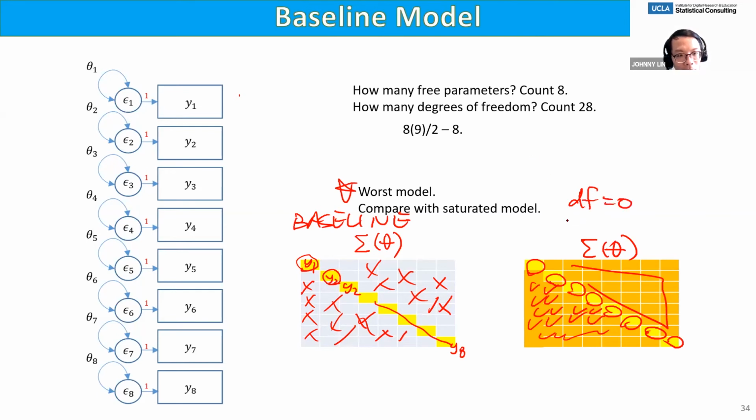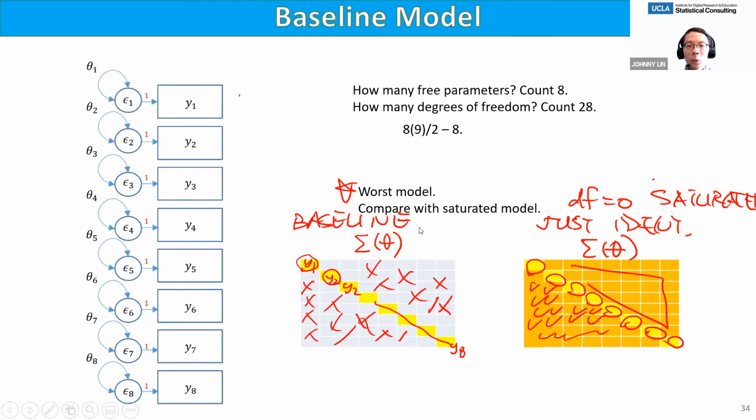Doesn't this look familiar? What kind of model is this? Saturated, yeah, exactly. And the other term for that is the just identified, which is exactly what we've been doing, right? Just identified or saturated. Okay, really good job. You guys are still awake, good job. Okay. To understand fit indices, you have to understand the difference between a baseline model and a saturated model. And think about where your model lies.